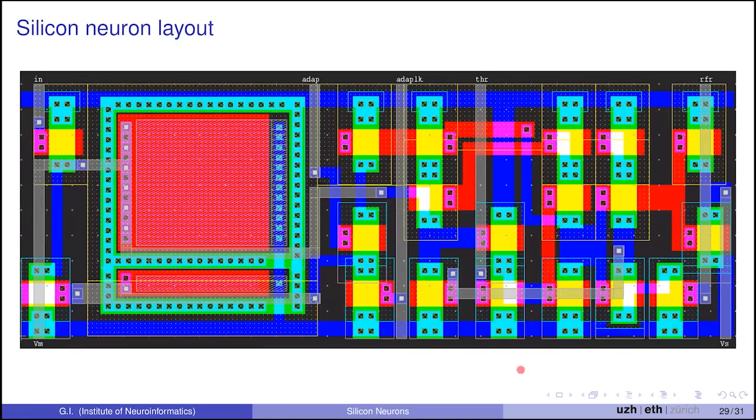So this is a simplified version of the schematic that I showed you, but essentially it's an example of a layout of a neuron. Then you can imagine you can copy paste these, put hundreds or thousands of them on chip, and have your large neural network chip. Again, remember that doesn't solve everything, because these chips only do what you tell them to do. If you inject current, they can only spike.